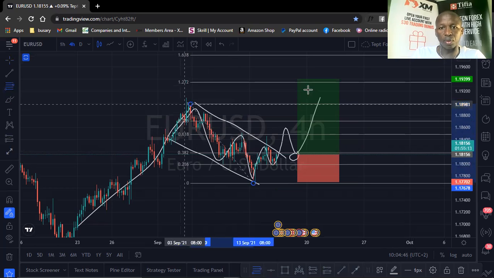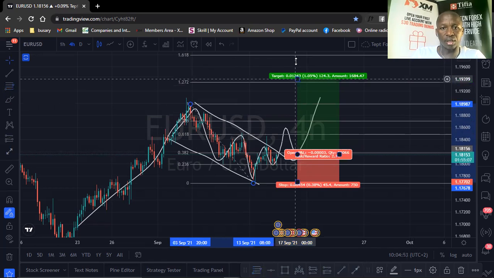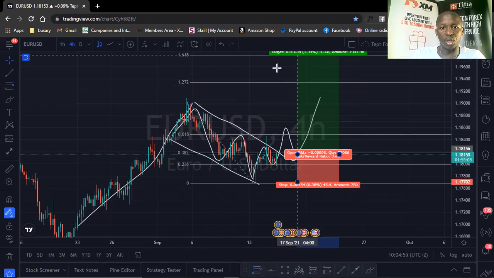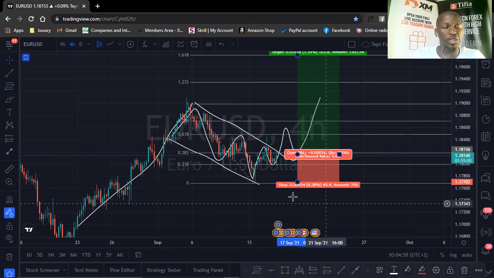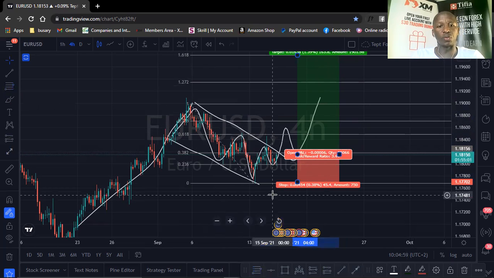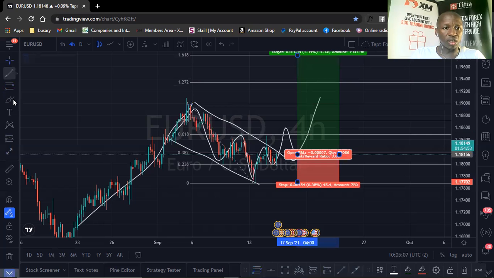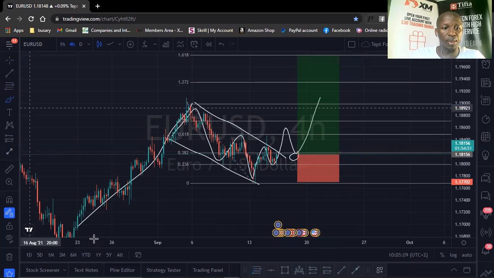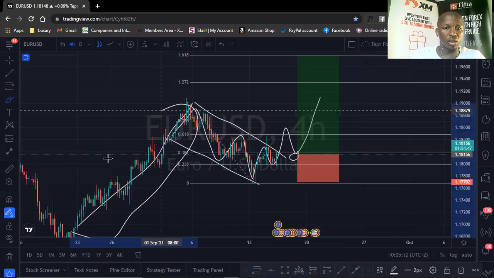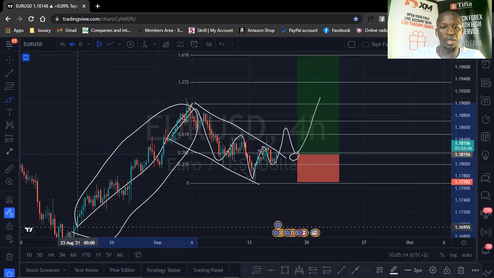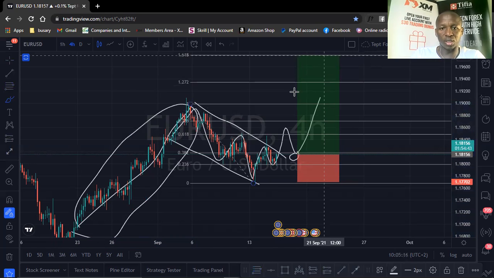So we can set our target right here, since I know exactly that if we are trading a bullish flag pattern, this distance from this part of the pole, this one, will be equal to this part.